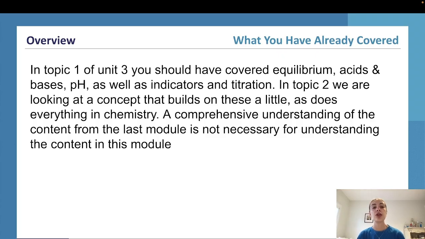Then in topic 2, we're looking at a concept which is going to build on these a bit, and use some of these concepts of acids and bases and equilibrium, pH, not so much indicators and titration, but a little bit. And we're going to look at those concepts and build on top of them.